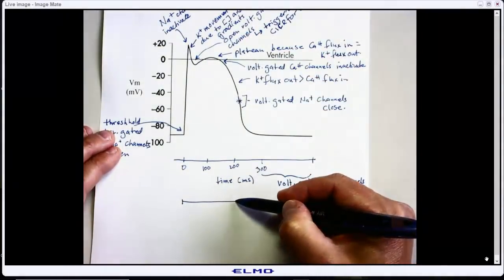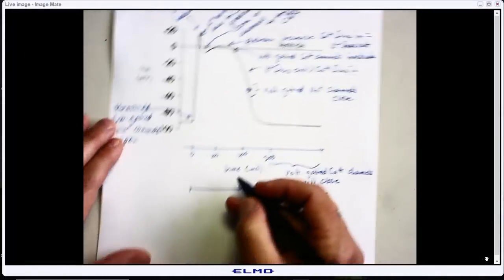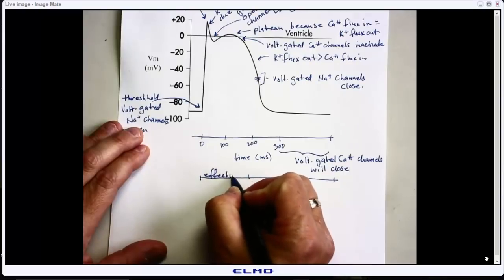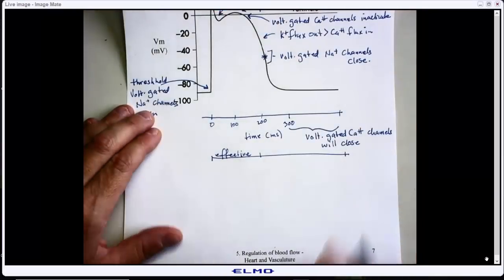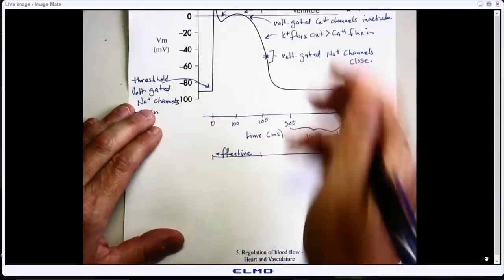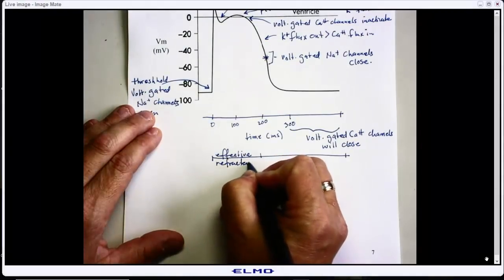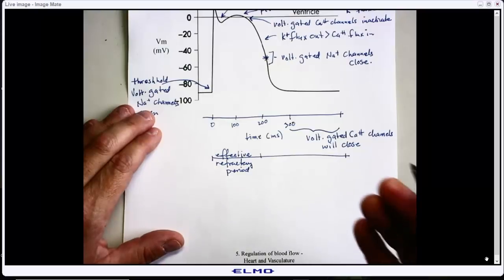Okay, so that's going to put us out to about here. So we have an effective refractory period. This is akin to the absolute refractory period you've talked about, and in a minute we will talk about why we keep calling it effective in these cells.